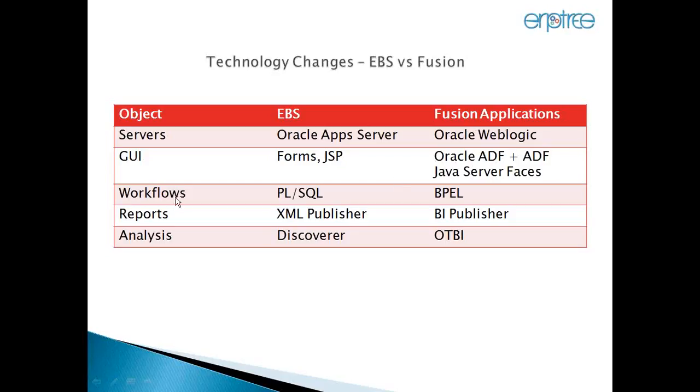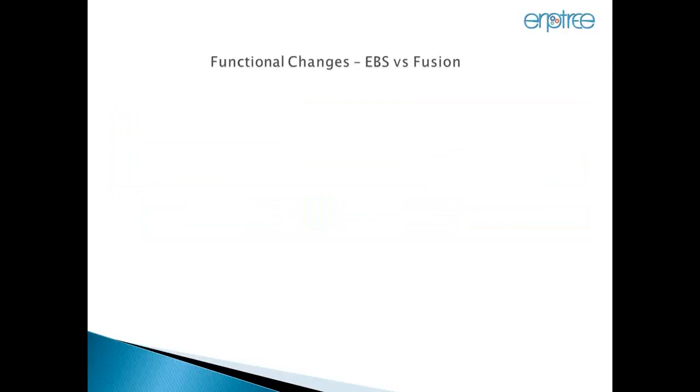And workflows in EBS run through PL/SQL programs, but in Fusion, the workflows run with BPEL, Business Process Execution Language. For reports, in EBS we have XML Publisher reports, now completely in Fusion, BI Publisher reports. For analysis, in EBS we have Discoverer, and in Fusion we have OTBI reports, Oracle Transactional Business Intelligence, for analysis or report definitions, online reports.